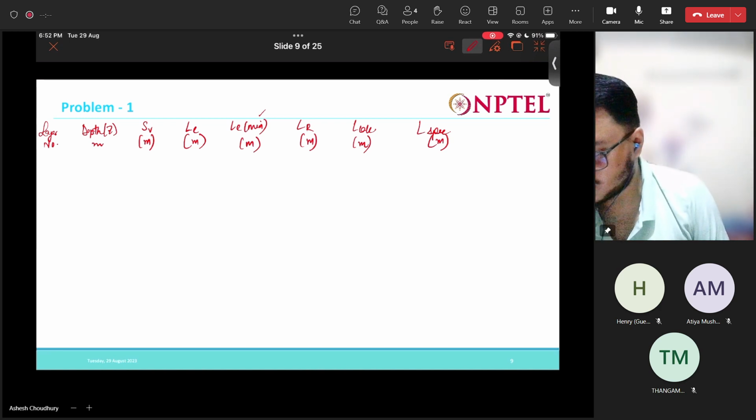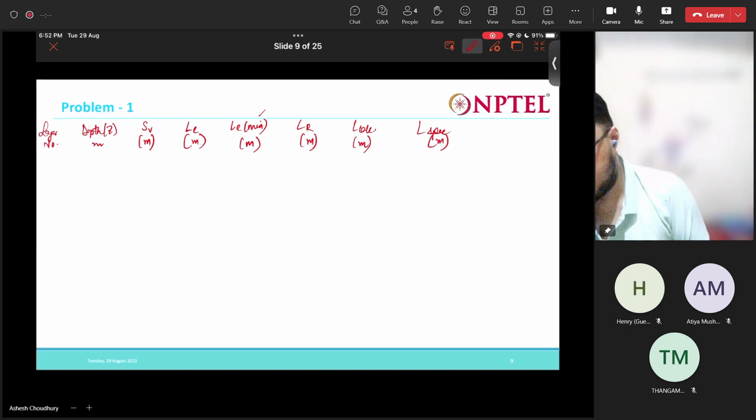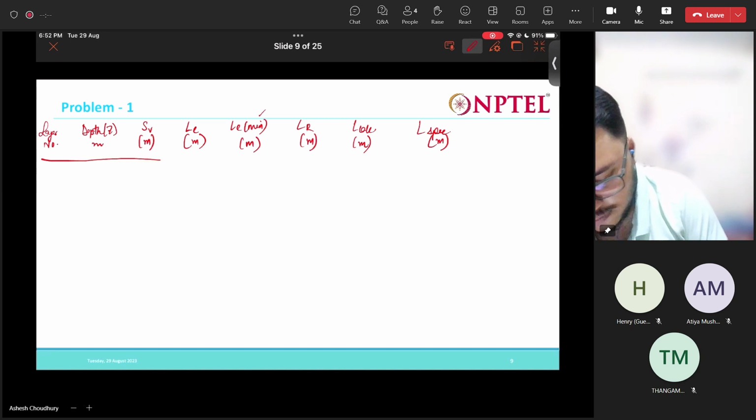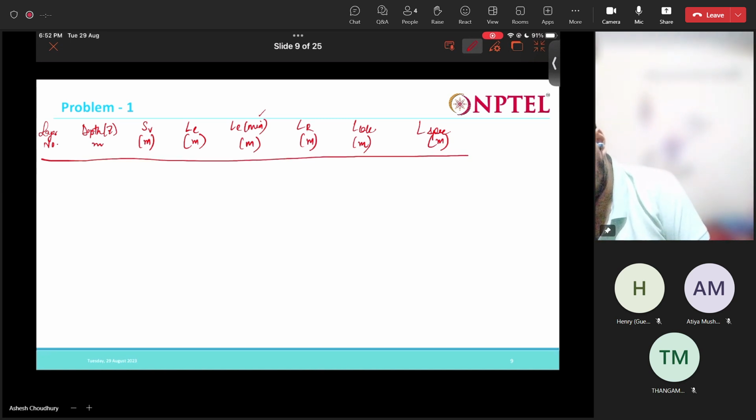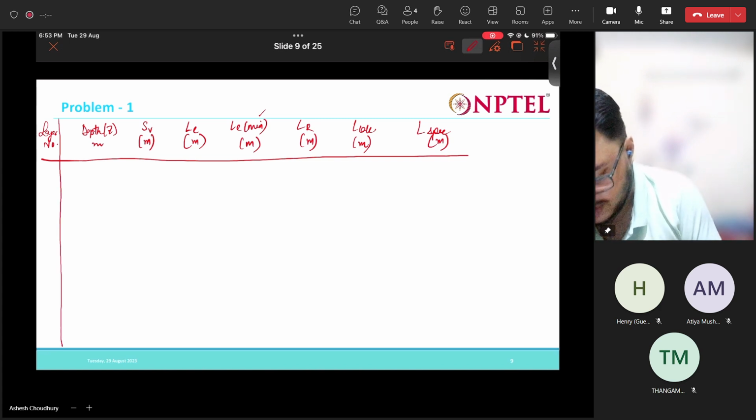Alright. So now let us calculate layer by layer. We have 15 layers.